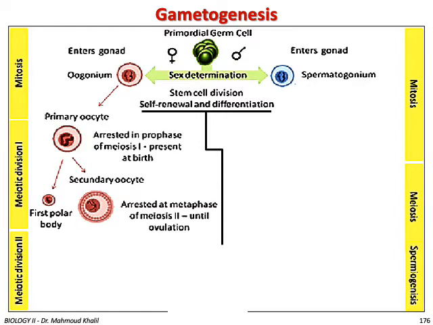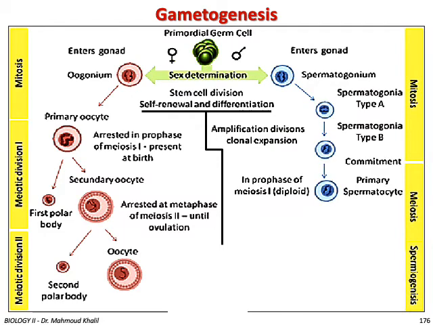This is followed by the first meiotic division to produce a secondary oocyte, and then the second meiotic division, arrested at metaphase of meiosis 2 until ovulation. Soon after that, one oocyte is developed in meiosis 2, and the polar bodies are formed, one from meiosis 2 and the other from meiosis 1.